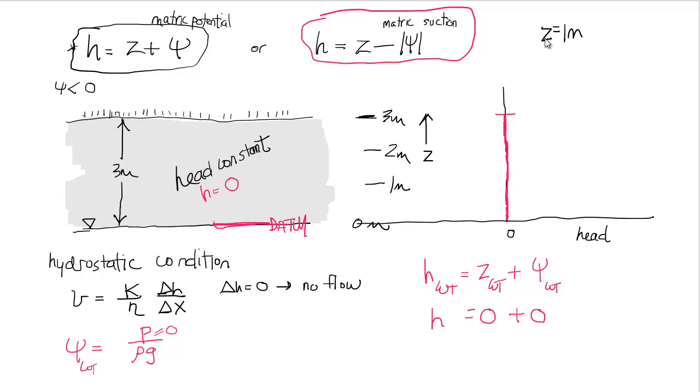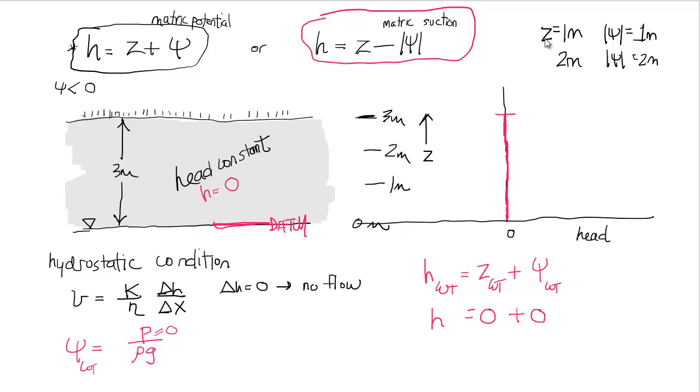Well then, if the head is 0, then the value of the suction has to also be 1 meter. In fact, whatever z is, the suction, absolute value of psi, has to be exactly the same. If we're 2 meters above the water table, then psi has to be equal to 2 meters, so that the difference is always 0.